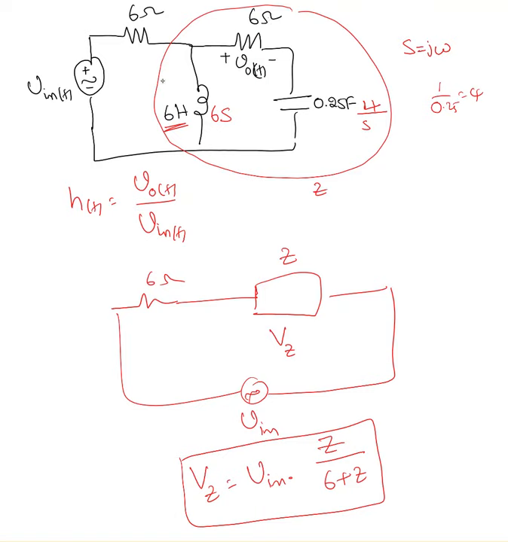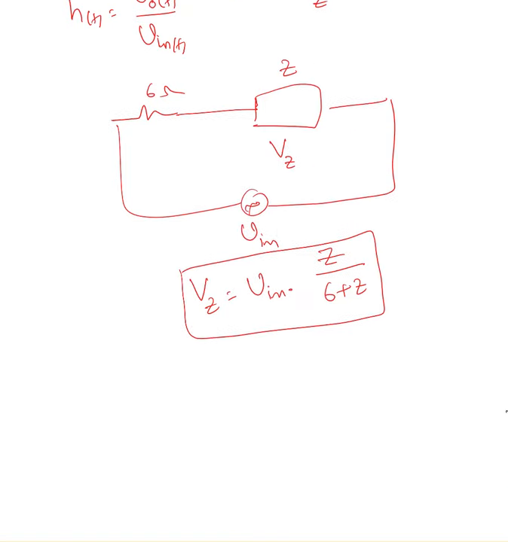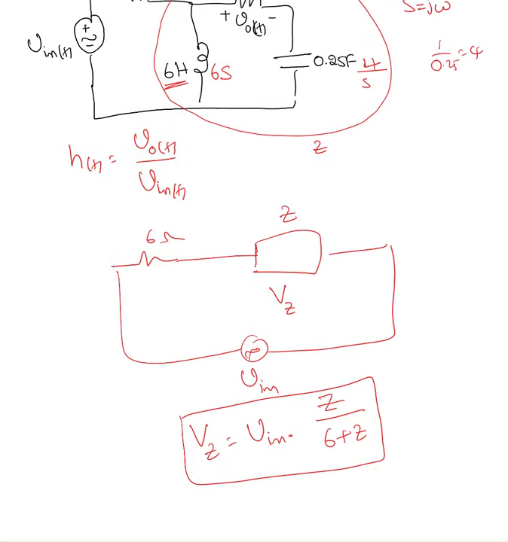Once I find the voltage across the Z, now again I'm going inside the Z. Inside the Z I have two parallel paths. One is resistance, another one is capacitor reactance, another one is inductor. Now I know the voltage here, V of Z. From this I can find V naught again by using the voltage division rule, because in parallel the voltage is the same, so the voltage across this must be V of Z. From there, how do you find V naught?